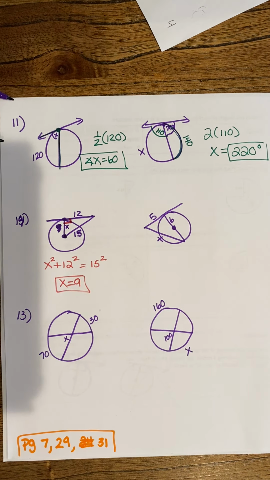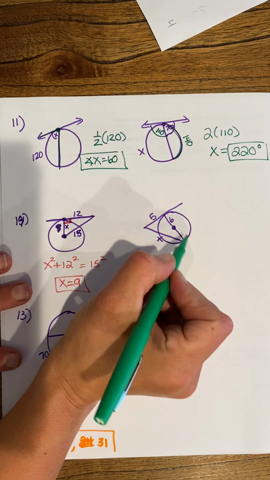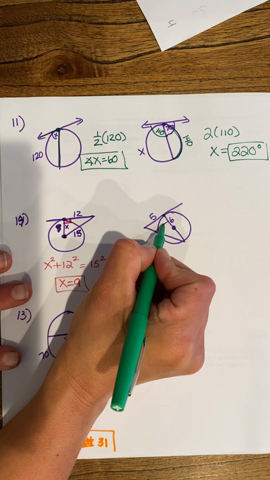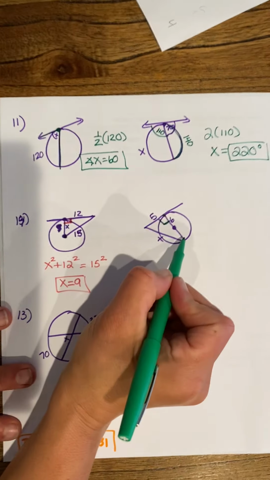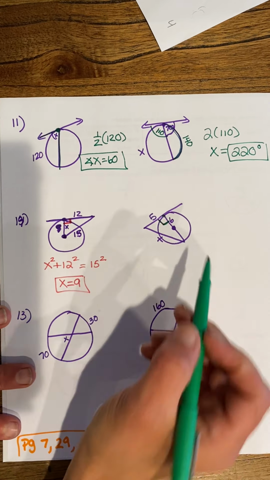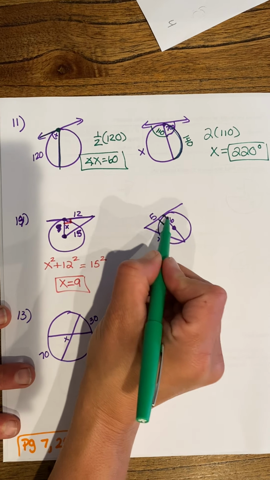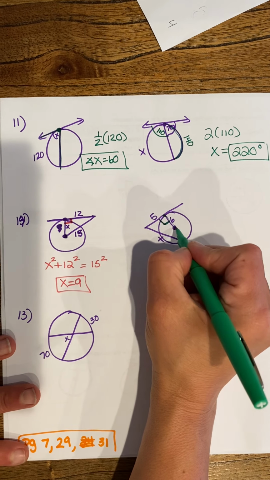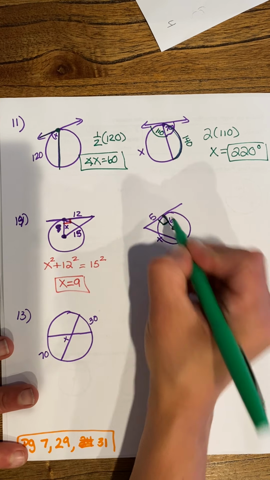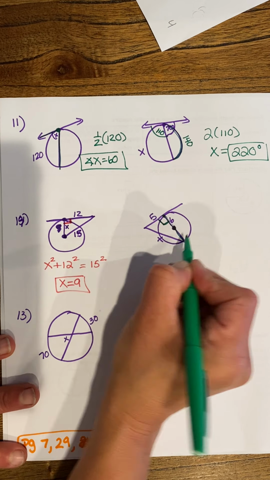This one here, same kind of thing. This time it's a full diameter, but again, when a diameter and a tangent meet, they automatically meet at a right angle, which again means I'm dealing with a right triangle. Now, you don't have this full side, but you do, because from here to here is a radius, and from here to here is the same radius.